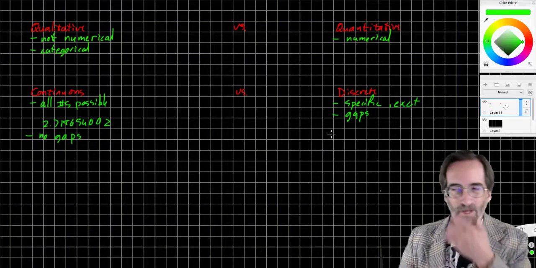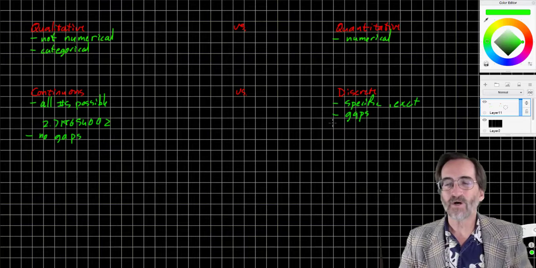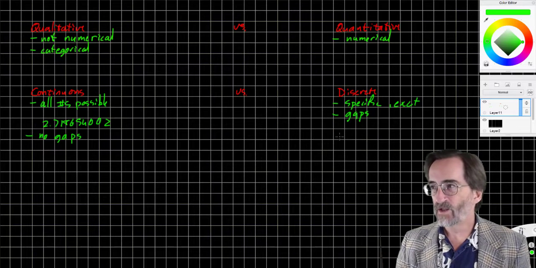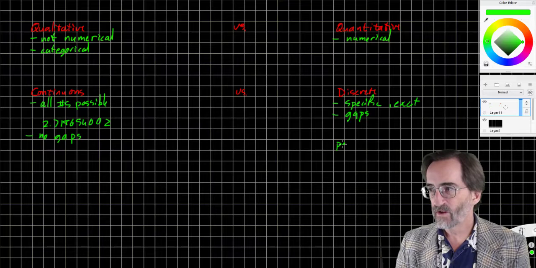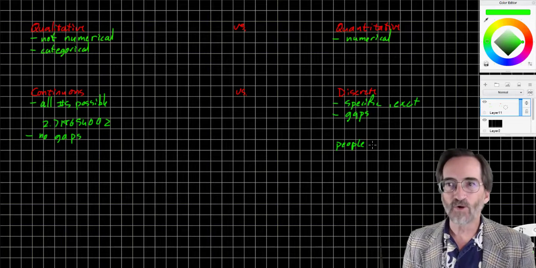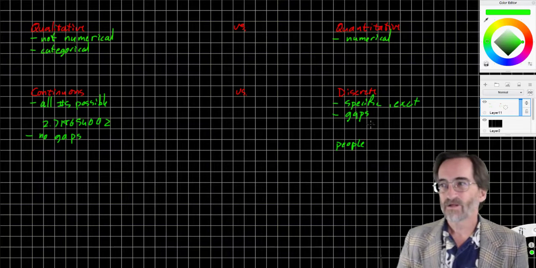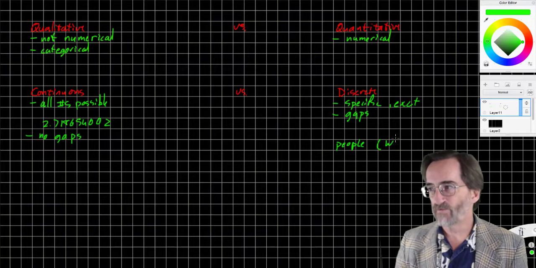Again, as with qualitative and quantitative, the easiest one to come up with examples for is discrete. Numbers of people. You can't have 2.718654002 people, because people are typically whole numbers.